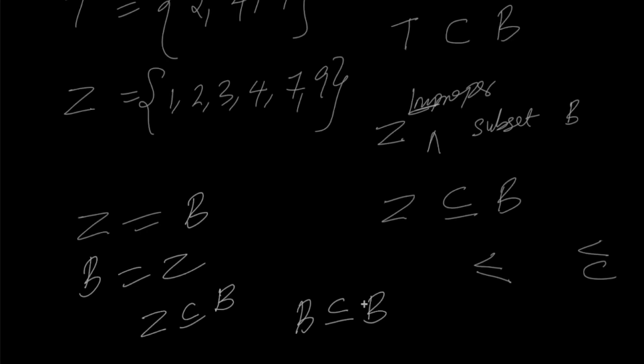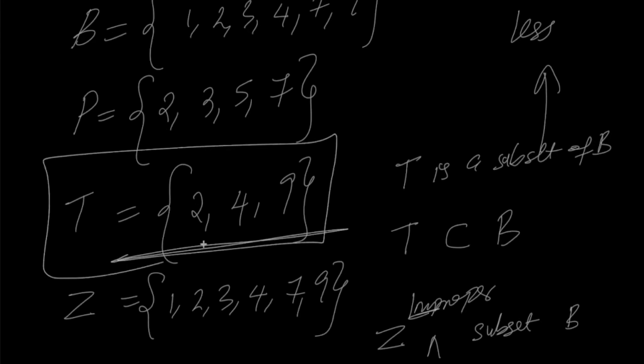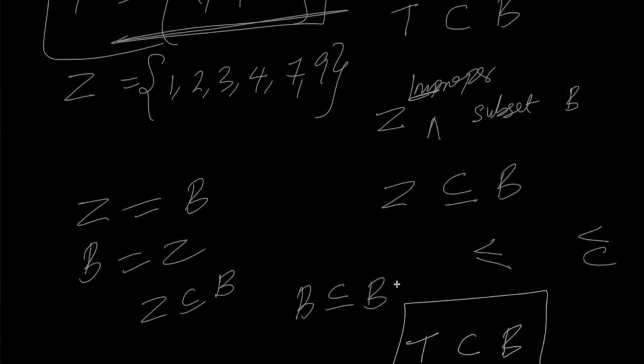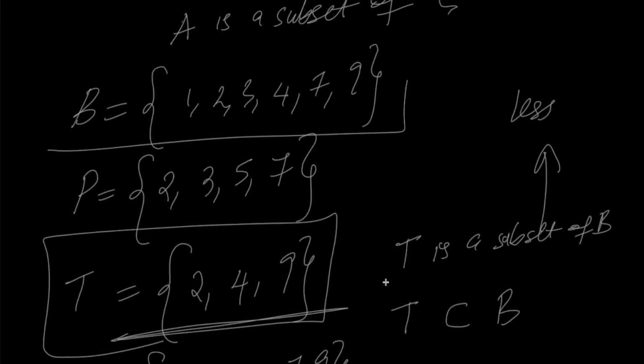That is, you are properly less than. So from here, we can say T is 100% less than B. That is proper. What we have done is proper because T took few elements from B, not all. That is proper to do. Are you getting the difference now?